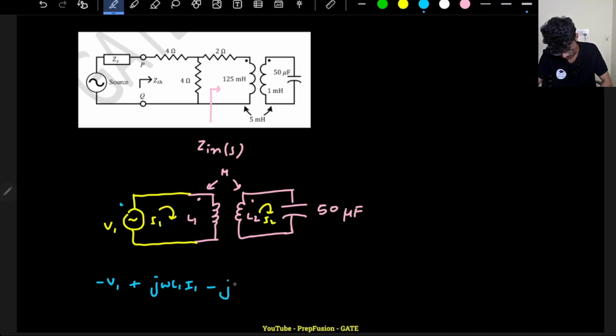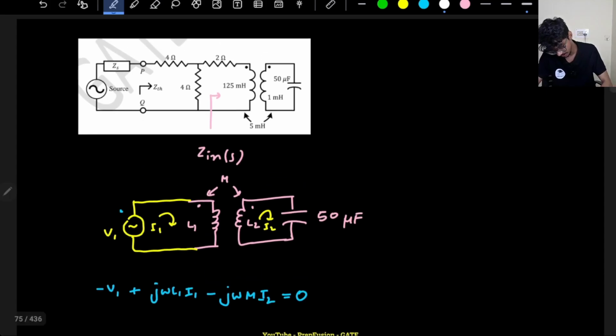So it will be minus j omega M into I2. Now this will be equal to 0. So from here I can directly calculate V1.